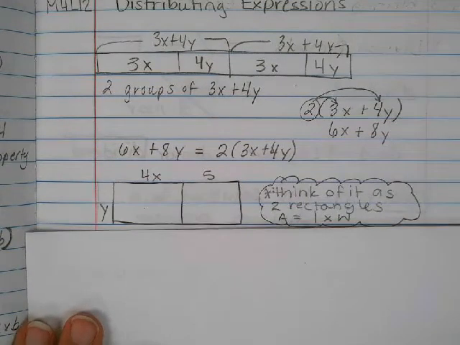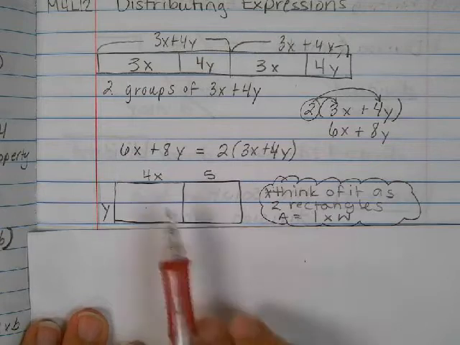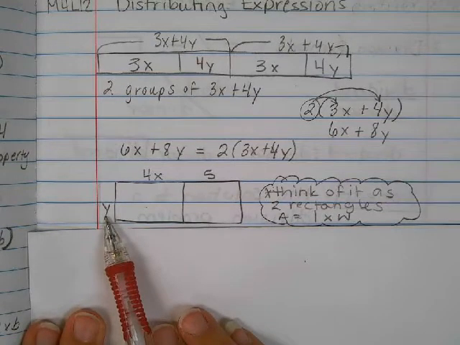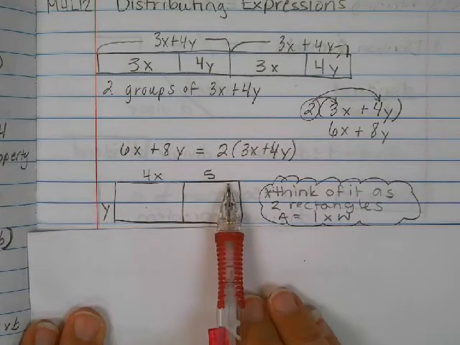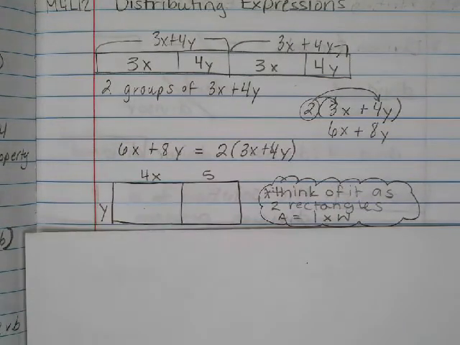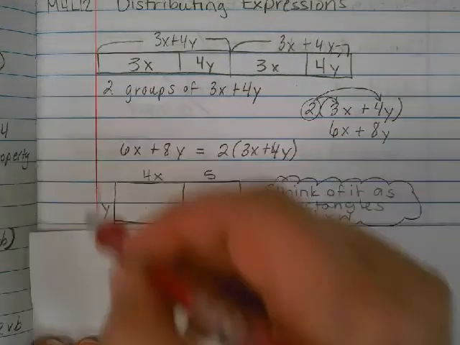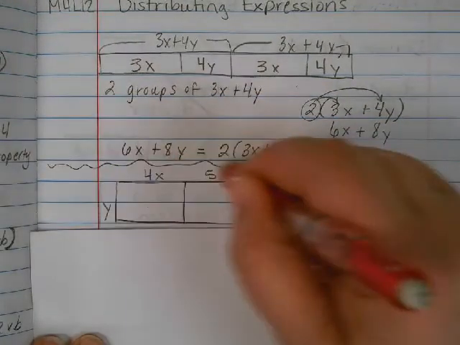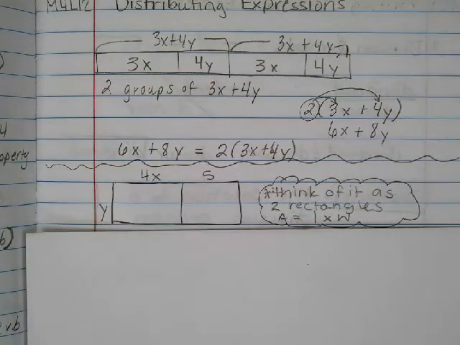Now I want you to draw these two rectangles together, and I want you to label it y and 4x and 5. The reason why I want you to do that is because I want to try to relate the distributive property to a rectangle so that you can better understand the thinking behind distributive property.